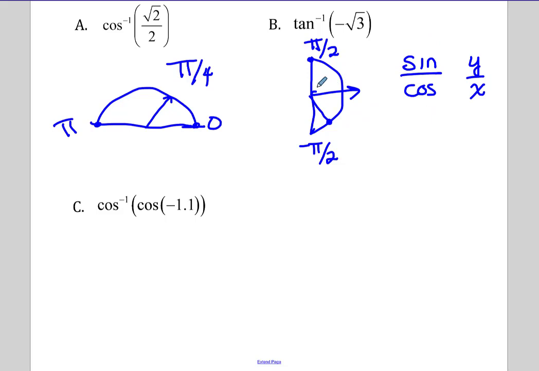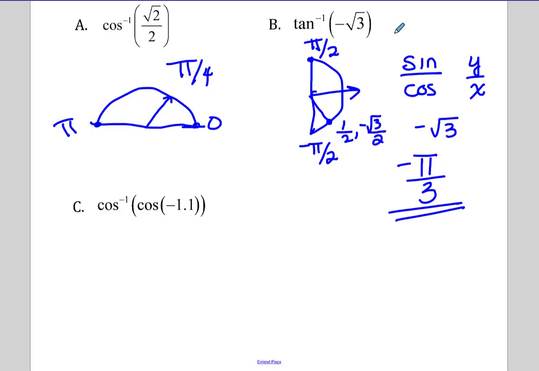And I need to come out 1/2 here and go down -square root of 3 over 2. So when I divide sine by cosine, I'm going to end up with -radical 3, when the angle is negative 60 degrees or negative pi over 3. So you can reason through it that way.